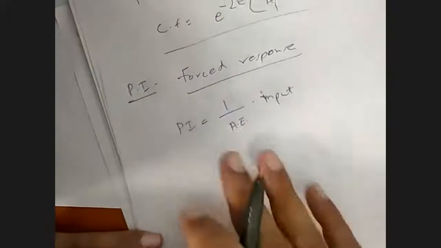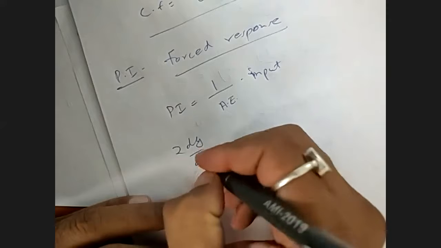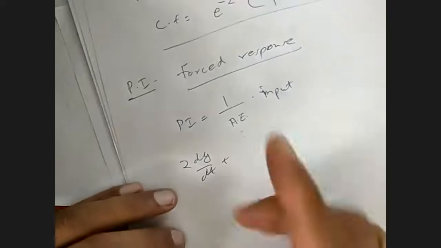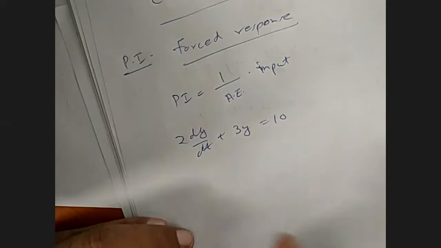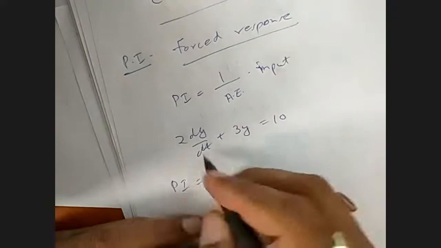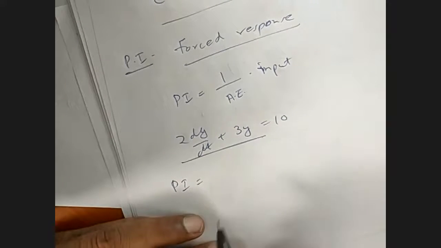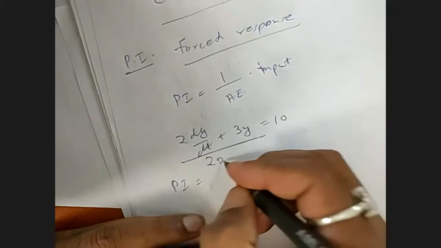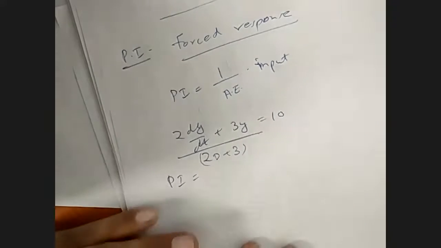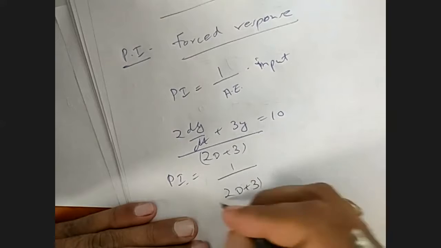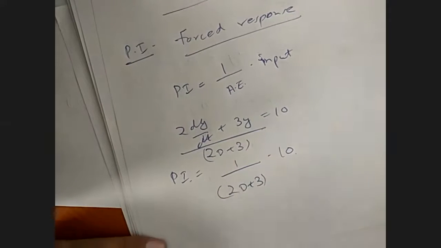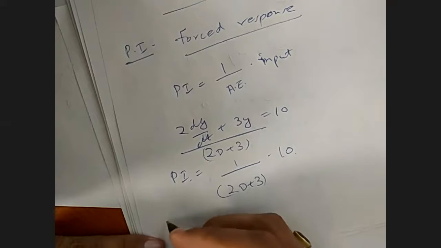Let the same equation be 2 dy by dt plus 3y equal to 10. So your PI will be first the auxiliary equation of this, so it is 2D plus 3. So PI is 1 upon (2D plus 3) into 10.